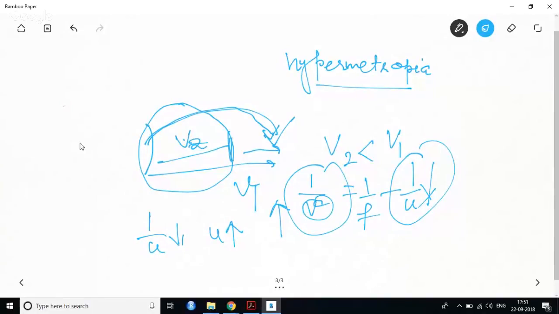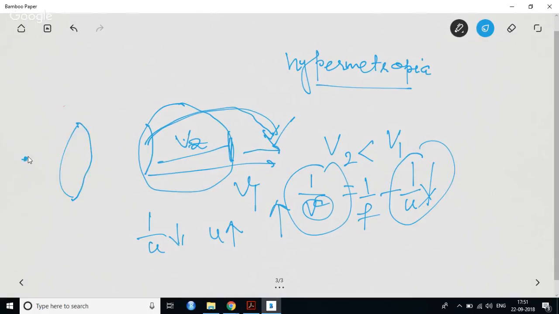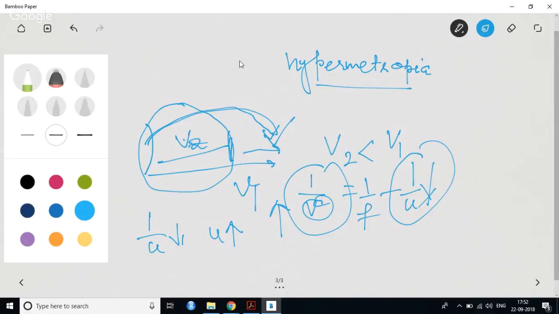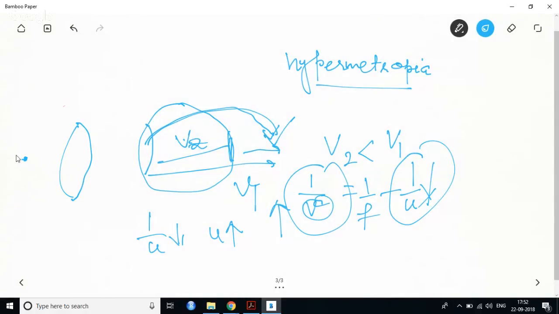To increase u, what should be done? We use convex lens here. So if we use convex lens, what kind of ray diagram can be formed? Suppose it is going like this.